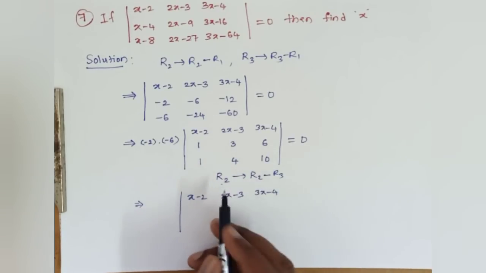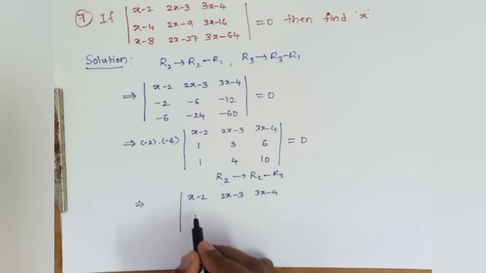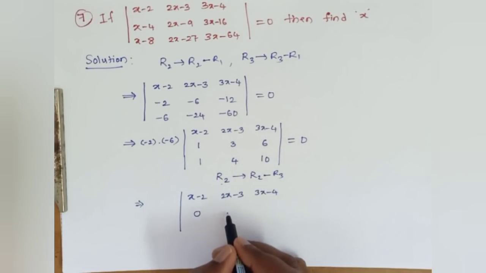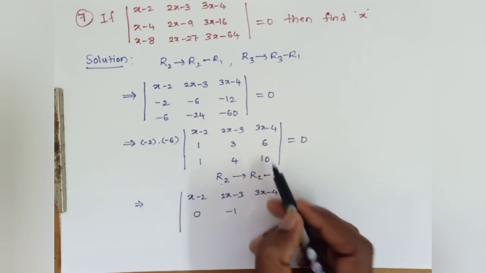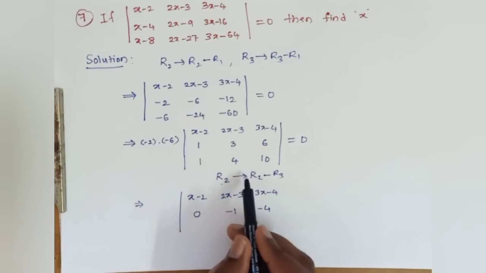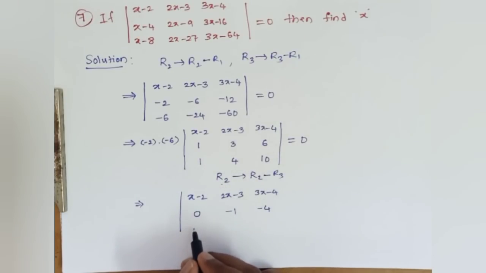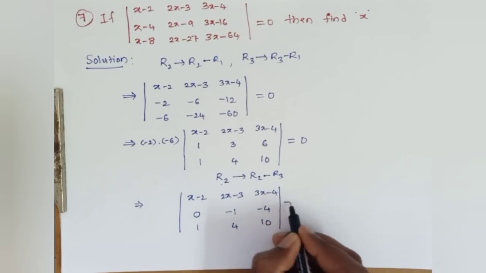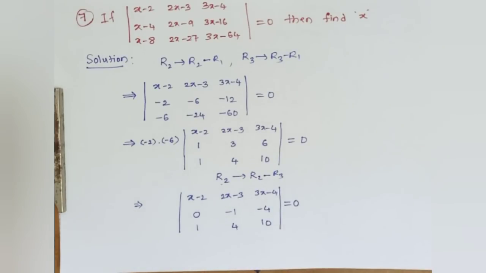R2 minus R3 means 1 minus 1, 0, 3 minus 4, it is minus 1, and 6 minus 10, minus 4. Is there any change in row 3? No, row 3 is as it is, 1, 4, 10, which is equal to 0.